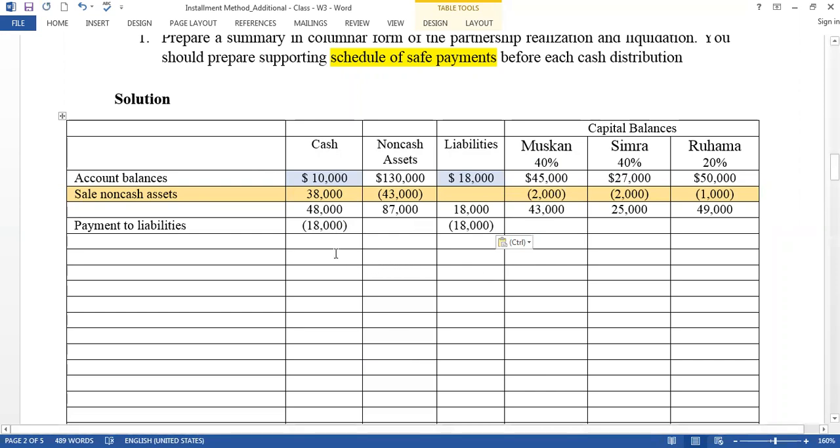Right? After paying our liabilities, how much cash do we have now? $30,000, right? $30,000, and we have the remaining non-cash asset. This is the case. This is 0.